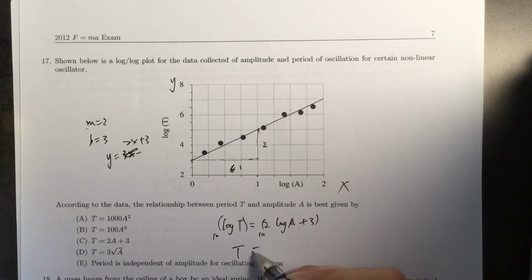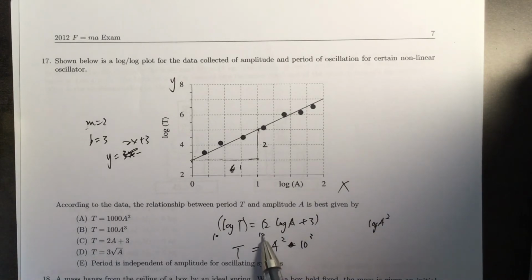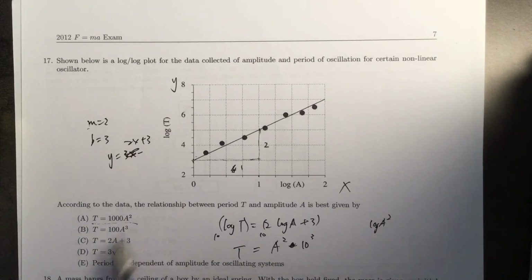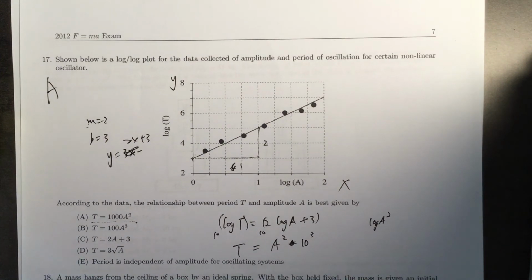So we have T is equal to 2 times log A, which is log of A squared. So we have A squared times 10 to the third, right? Because 10 to the power of something plus something is equal to 10 to the power of this times 10 to the power of that. So T is equal to 1,000 times A squared, which is this one.